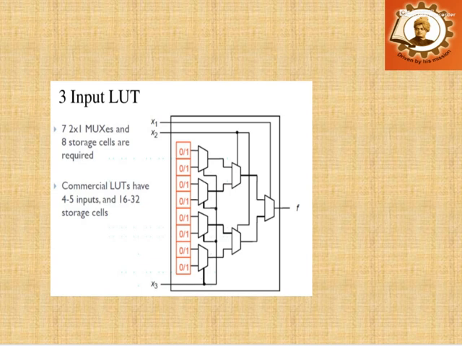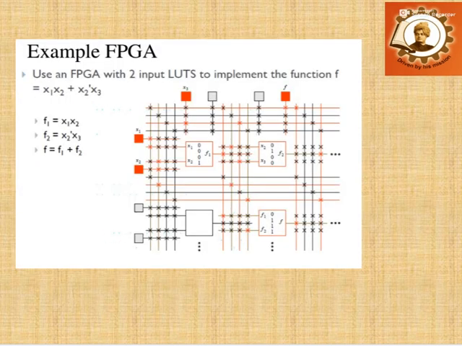So this is another example of how to implement a function using this FPGA. Here 2 input lookup tables implement the function f, where f is nothing but f1 plus f2. First, x1 and x2 are connected through a switch matrix to a logic cell, denoted by f1, and another logic cell will be f2.